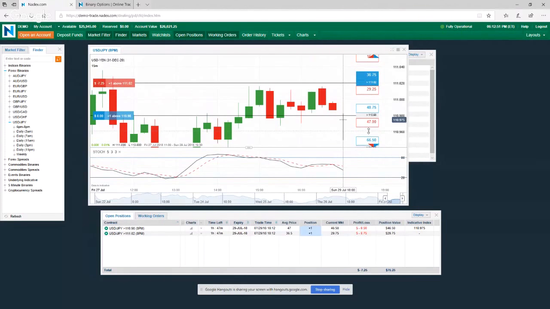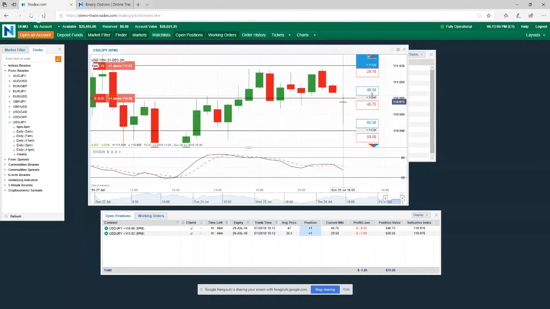Now, if I do a short at the money, which is currently about $55 of risk, that's going to take me out of this long position. The at the money is going to be the same in this case for long and shorts.